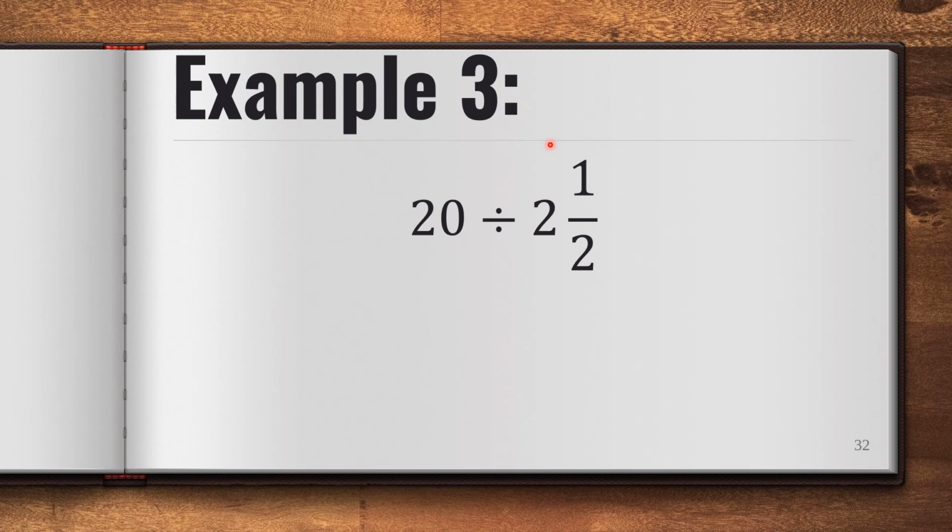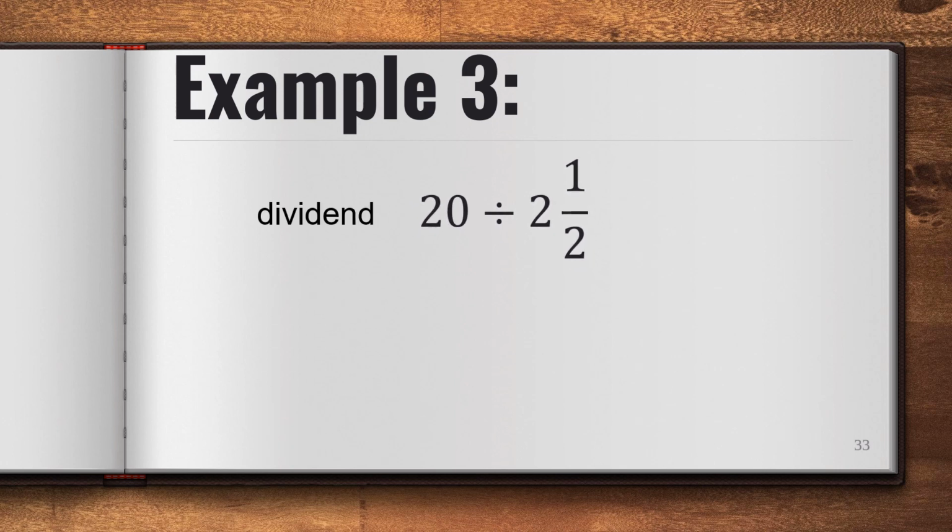So how are we going to do that? Going back to the instruction a while back, we have to change this into an improper fraction first before proceeding to the real division process.